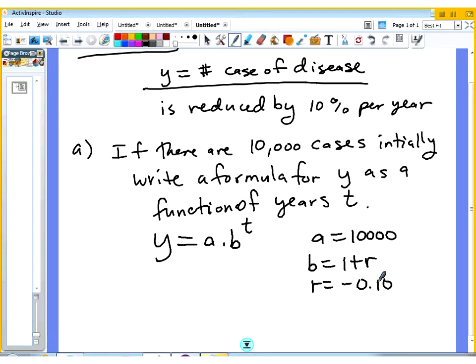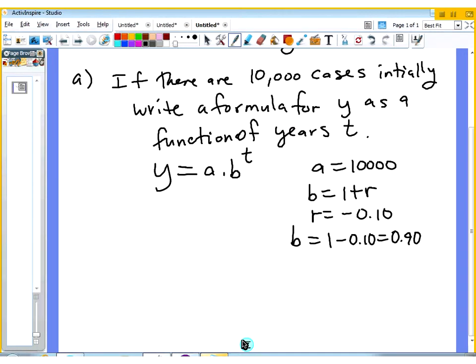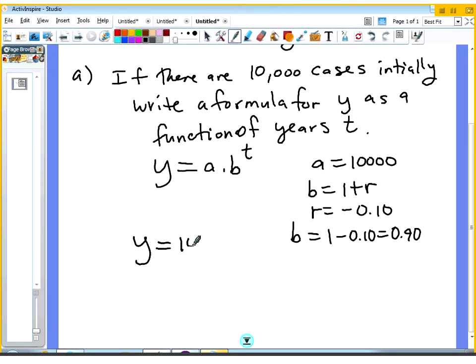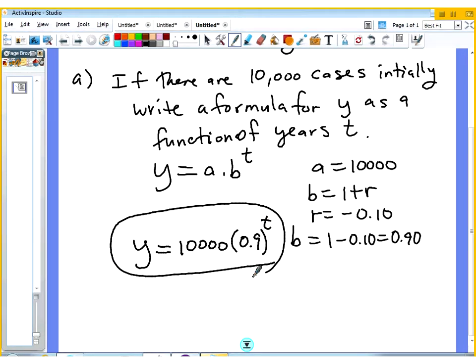So the B is 1 minus 0.10, which is 0.90. So our formula is Y equals 10,000 times 0.9 to the t. That's the answer to part A.